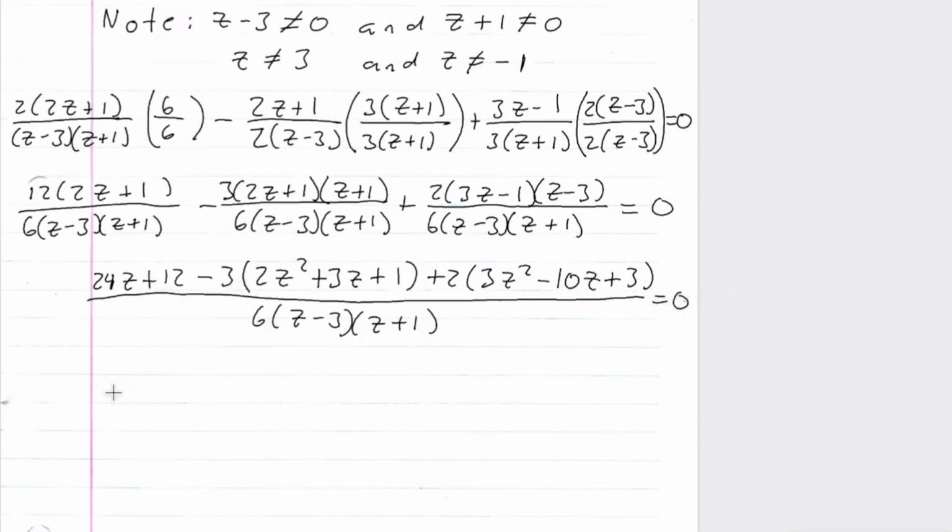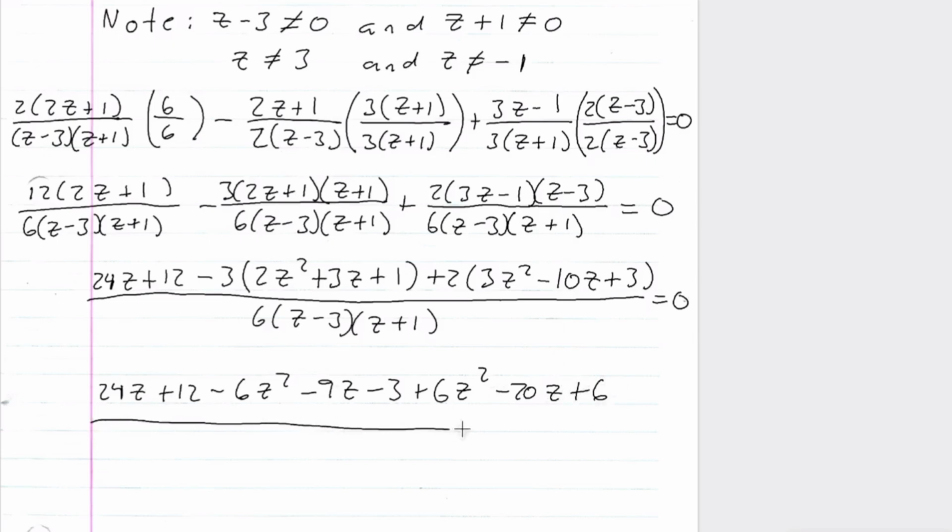So now let's go ahead and 24z plus 12 minus, so that'll be 6z squared, minus 9z minus 3 plus 6z squared minus 20z plus 6. That's all over the 6 times z minus 3 times z plus 1 equals 0.